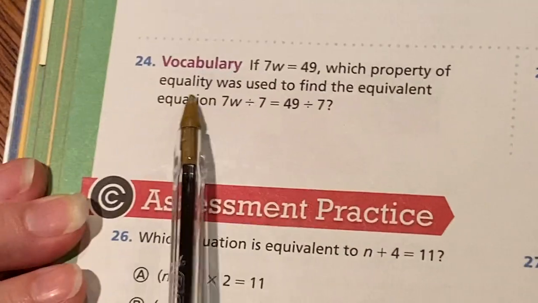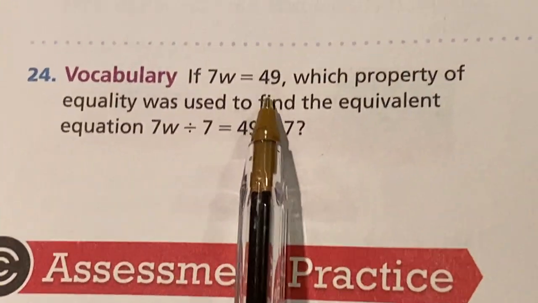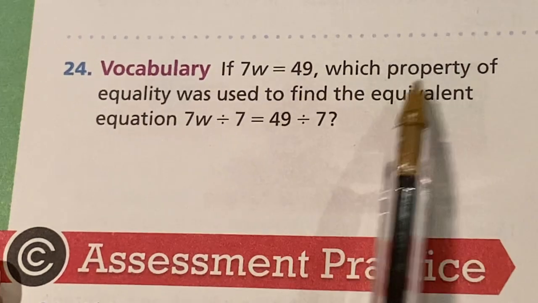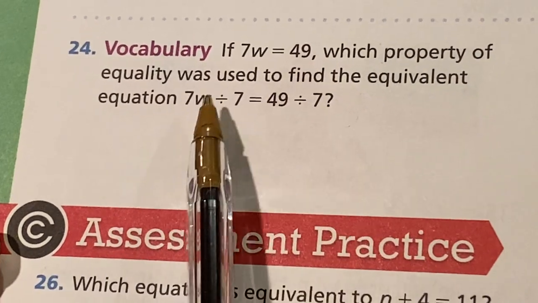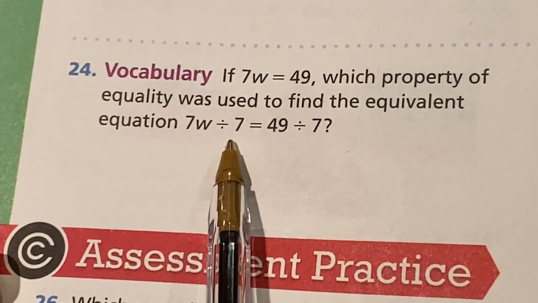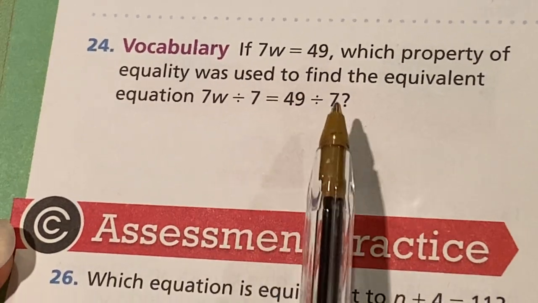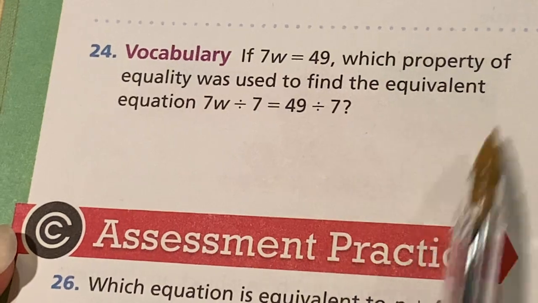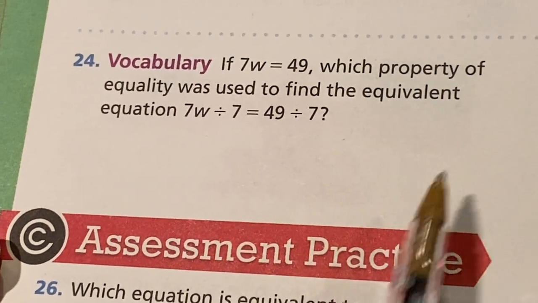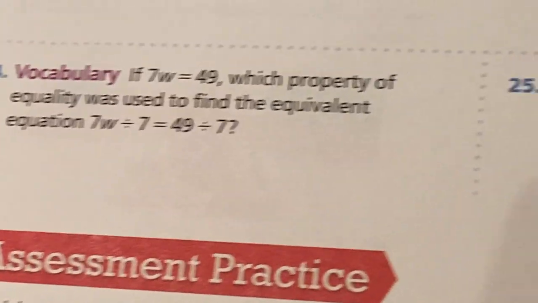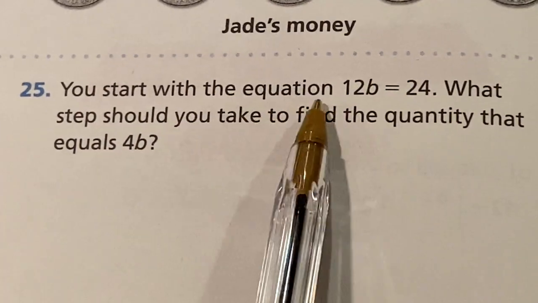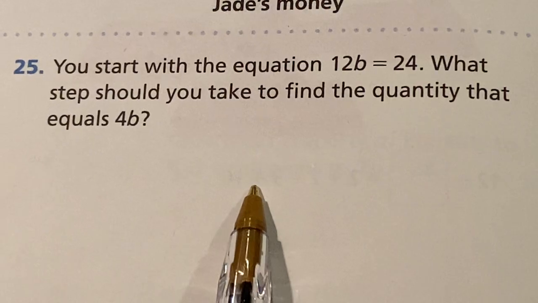Okay, 24, vocabulary. If 7w equals 49, which property of equality was used to find the equivalent equation 7w divided by 7 equals 49 divided by 7? So which one of those properties? Addition, subtraction, division, or multiplication? Okay, 25. You start with the equation 12b equals 24.